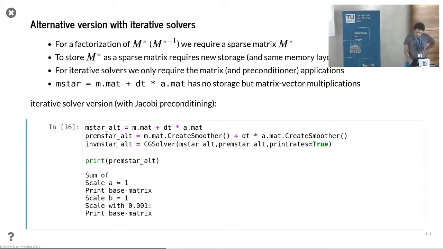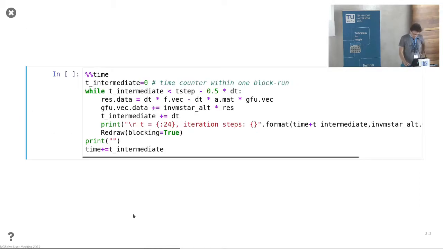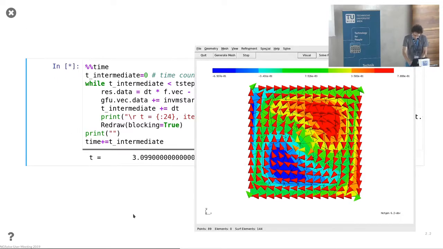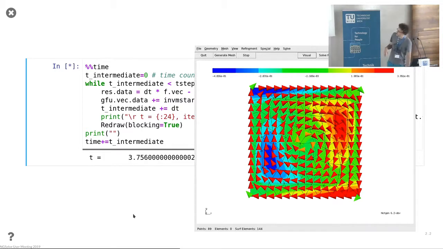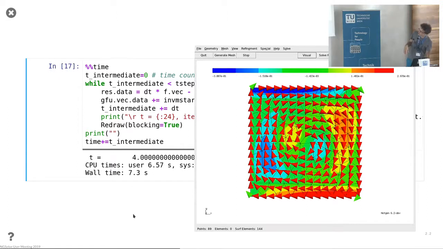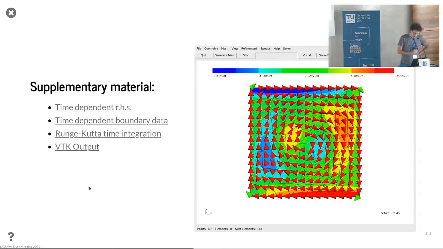Okay, and then the result, for example, for this preconditioned matrix is just the base matrix, so there's no storage involved in this matrix here. You could solve the same problem again. It's much slower now because the iterative solver is not the best to do, just a Jacobi preconditioner, obviously, on the problem, but in principle, you can do this. You can circumvent setting up a new matrix.